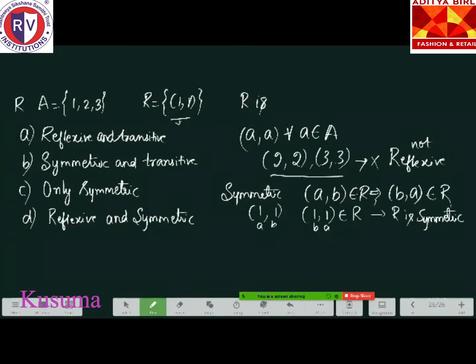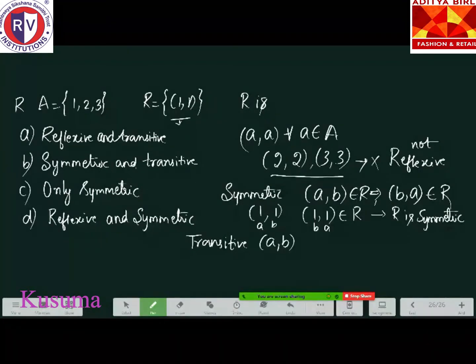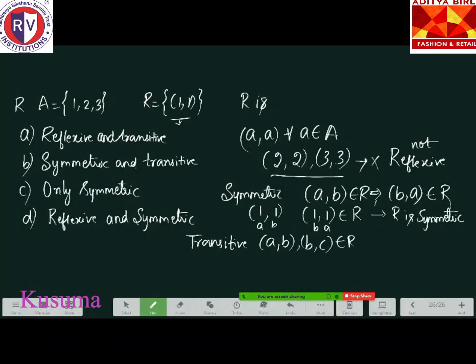And let us see whether the given relation is transitive or not. Transitivity says that for a relation to be transitive, whenever a comma b and b comma c belong to R, that implies a comma c also belongs to R, isn't it? Right or wrong? Yes, ma'am.